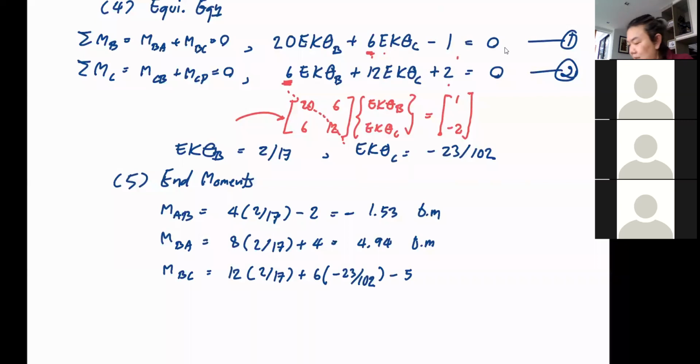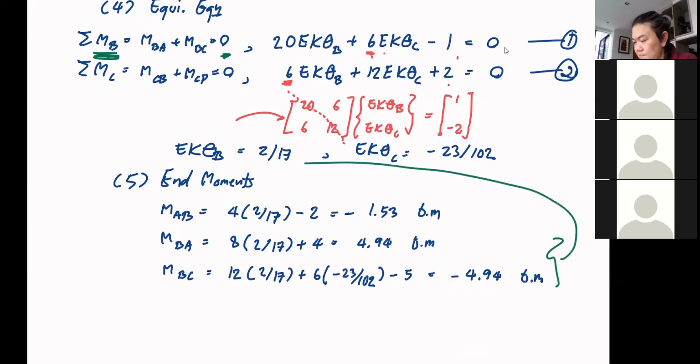Of course, it has to turn out exactly the same and opposite of MBA. Why? Because this is what you use to solve your unknown. You say sigma MB equal to 0 here. So you better have sigma MB equal to 0 in the end.